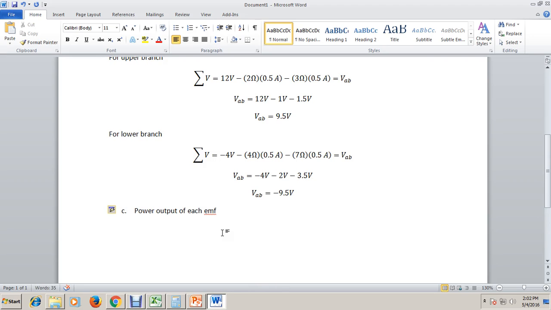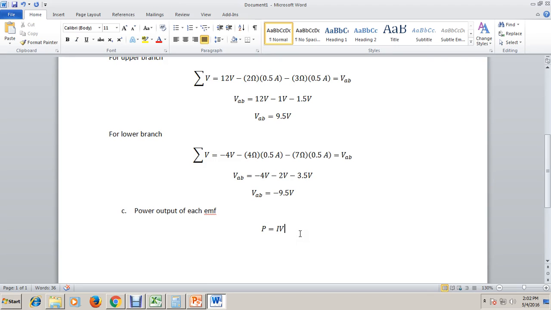To compute the power output of each EMF, we need to recall that the power output is given as equal to V times I, or I times V. Of course, this was already discussed in the previous discussion on EMF. P is equal to IV.